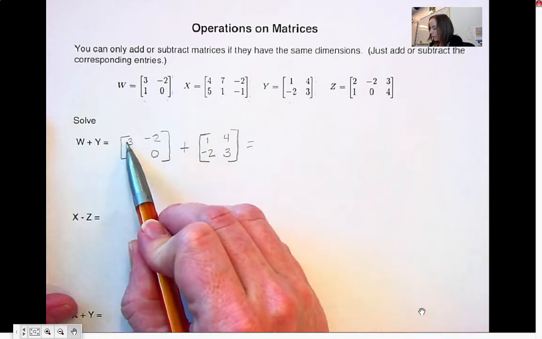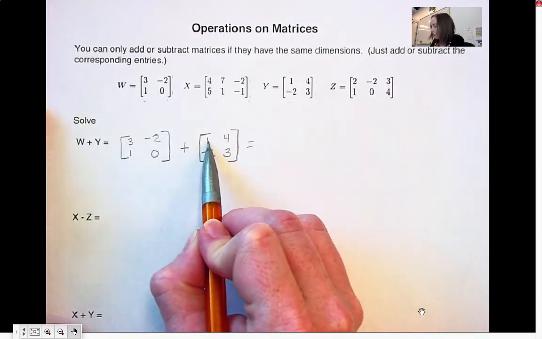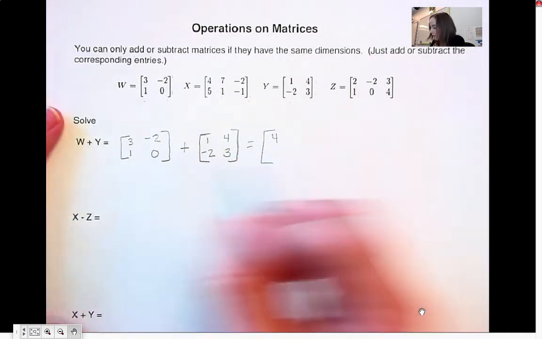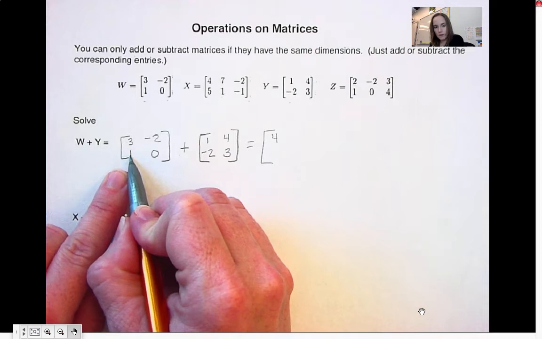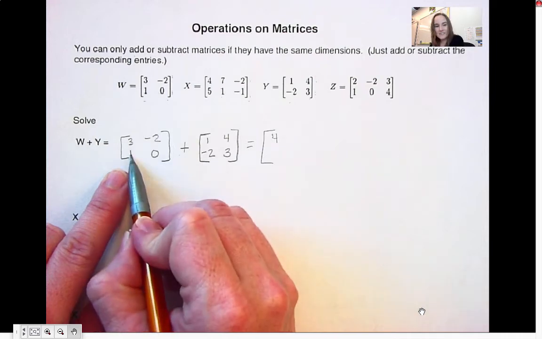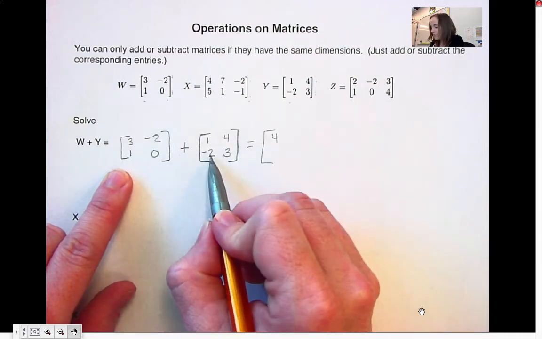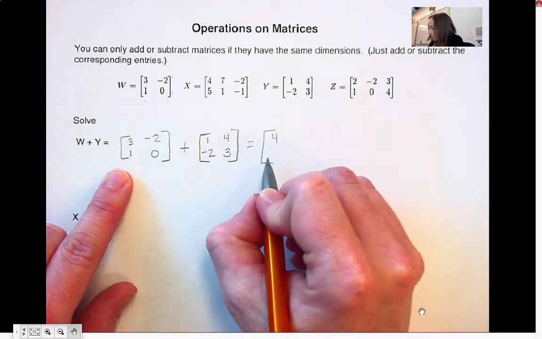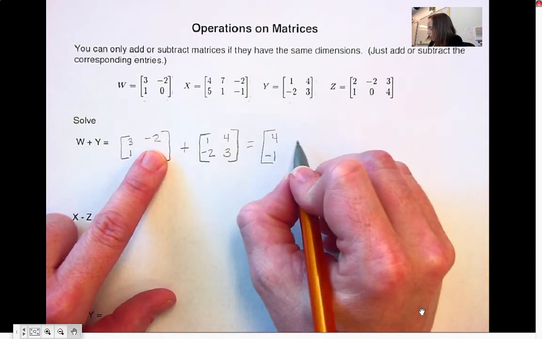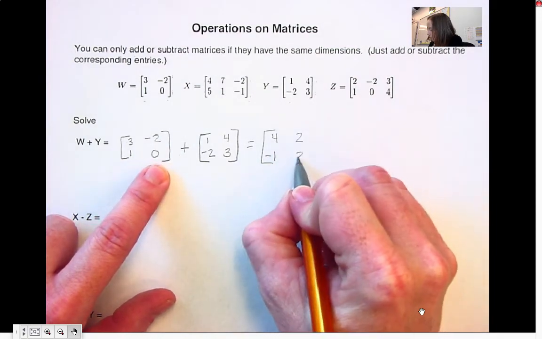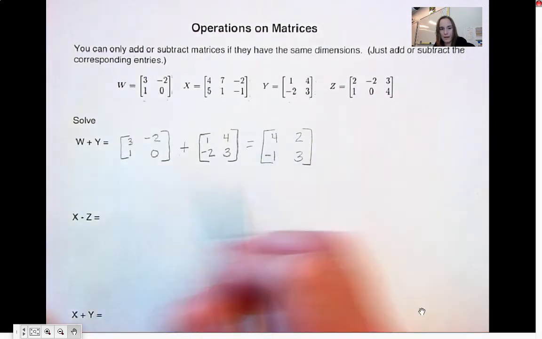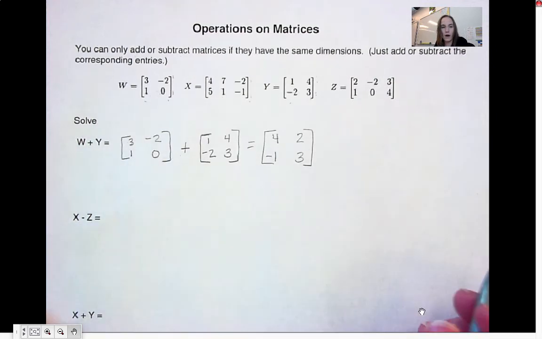I will add it with the 1 because it's also in the top left. So 3 plus 1 is 4. Pretty easy, huh? Now, 1 is in the bottom left, and -2 is in the bottom left, so we're going to say -1 when you add those two together. Okay, keep going. So this is your result when you add matrix W with matrix Y.